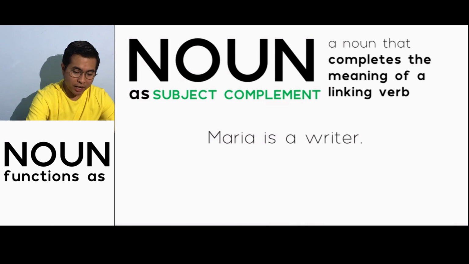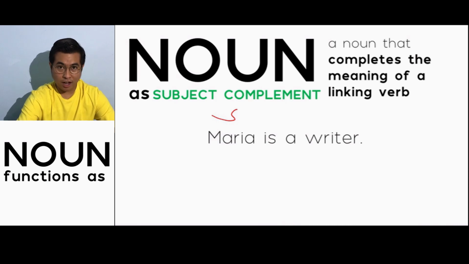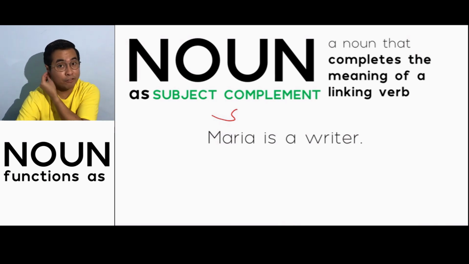So here, Maria, is she doing something? No, she's not. But there is something that she does, and that is being described here. So the status of Maria, you use the linking verb to pertain to that status.